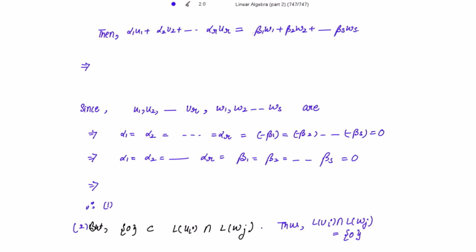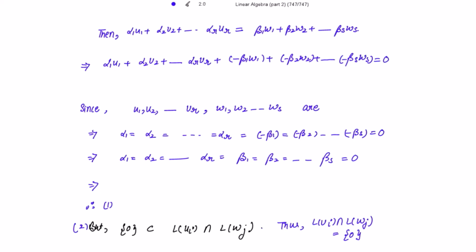Let me take the summation of the betas to the other side. So alpha 1 U1 plus alpha 2 U2 up to alpha R UR, plus negative beta 1 W1, plus negative beta 2 W2, and so on up to negative beta S WS is equal to 0.